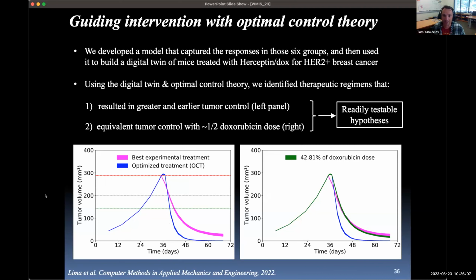So we're all sort of holding our breath to see how this goes. You know, it could be a total disaster, or it could be okay. More than likely it's somewhere in between. But this is the first time that we've actually been able to use our math modeling to generate a digital twin that we can throw optimal control theory at to make a prediction of what the therapeutic regimen should be for answering these two questions here on the screen.